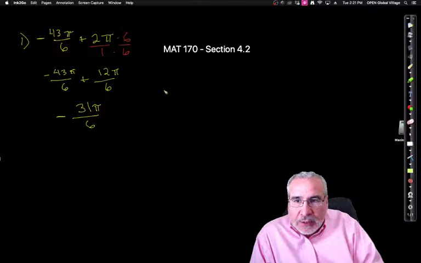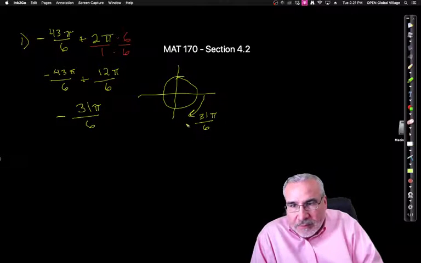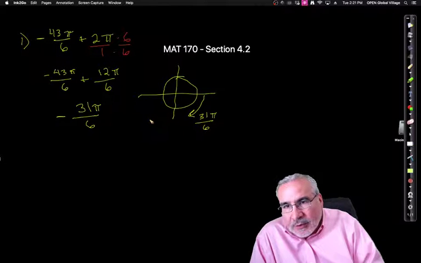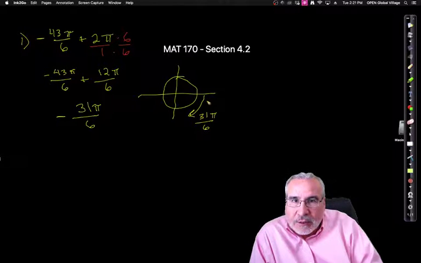So this breaks down to thinking of a unit circle, and we're going to go in the negative direction 31 pi over 6 times. Every time we go around 2 pi, we're back to the beginning on a circle.